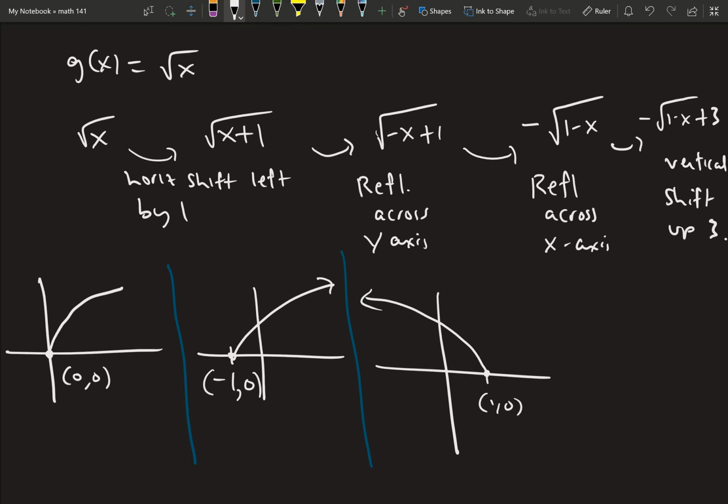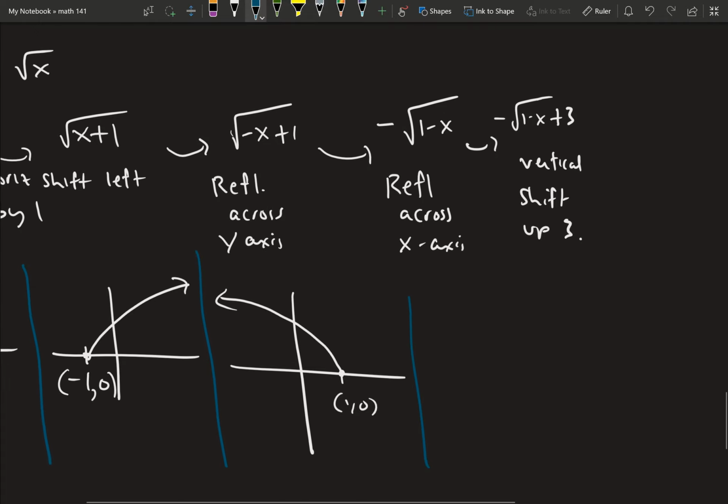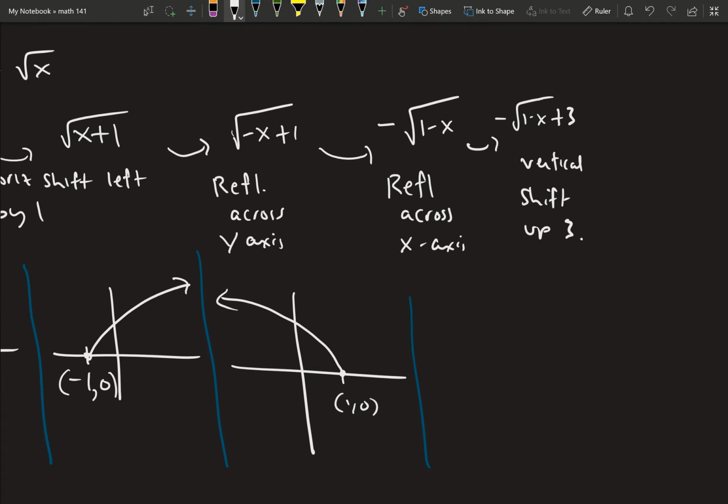Now I reflect across the x-axis for the next one. So here's 1, 0, something like this. And then I shift up by 3.